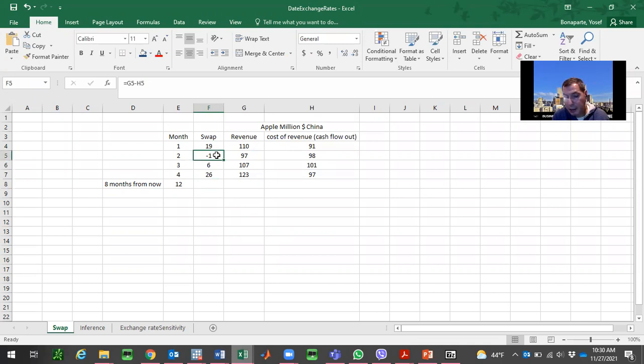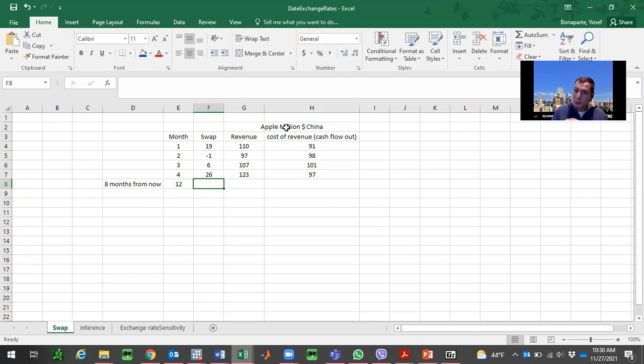In February, they have a -1. In March, they have a 6. And 26. So when you do a swap, you don't do a swap for tomorrow, like if the currency goes down tomorrow, because usually the currency doesn't move a lot within a few days.